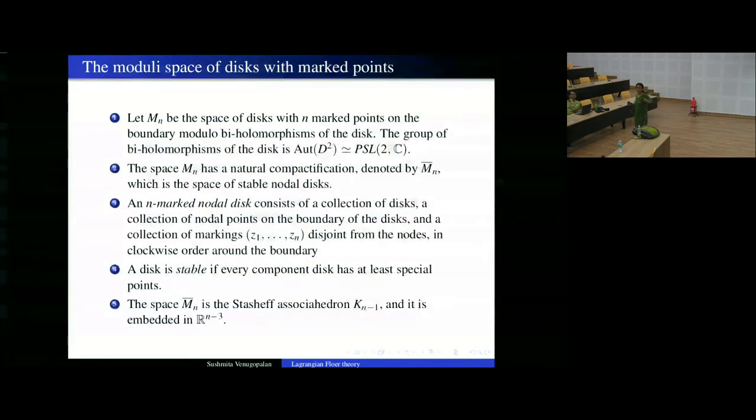No, I'm not talking about the action. I'm just talking about the associahedron. After doing all that, we got some associahedron, right? So I'm just saying that these moduli spaces are the same as those associahedra. The shape is going to be the same.